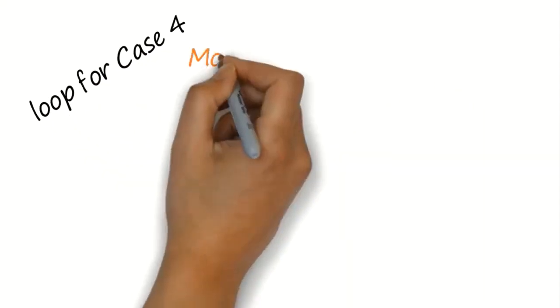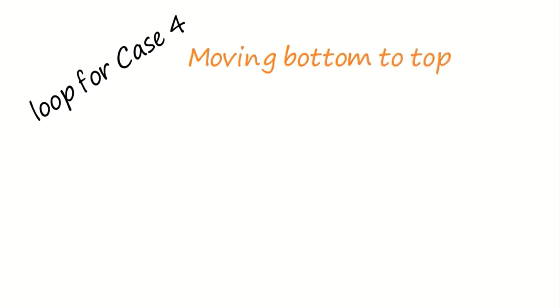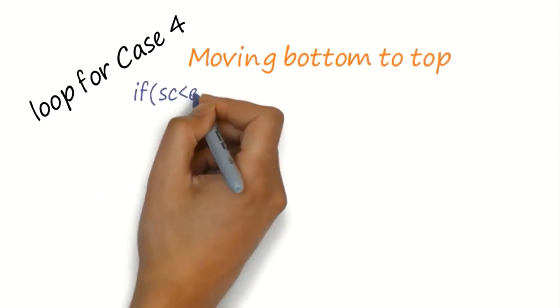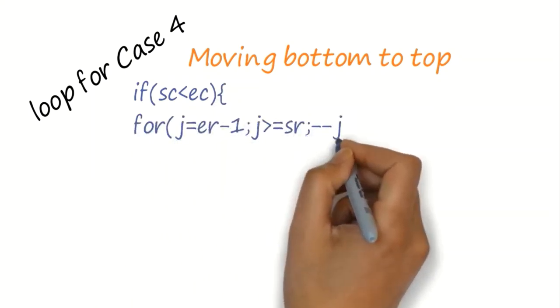Let's discuss condition number 4. Here we have to print the elements of the first column from bottom to top direction. So before that we have to check the boundary, that is, whether the starting column is less than the ending column or not.